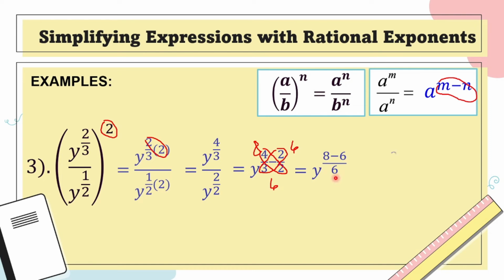So the answer would be y raised to 2 over 6. We can simplify this by dividing the numerator and denominator by 2, so we get 1/3. So y raised to 1/3 is our final answer.